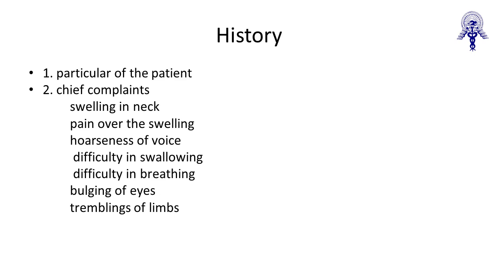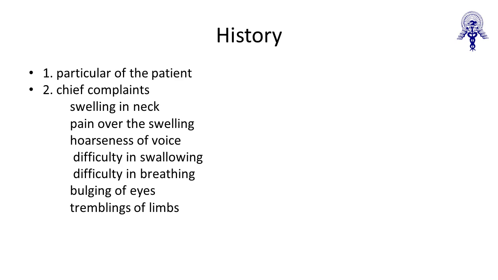Apart from clinical examination, history taking is the most important part of patient's investigation, because there are so many diseases where there is no organic pathology, only the history is important for diagnosis, and history will tell which parts to be examined carefully.